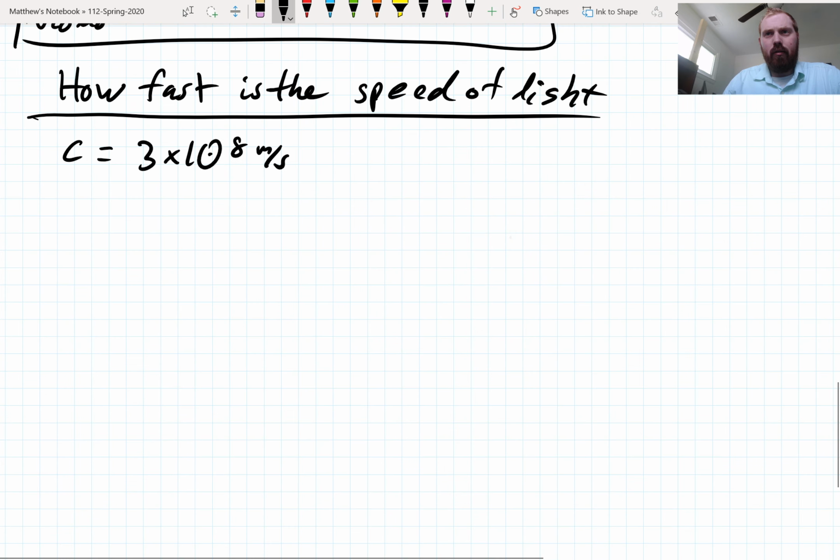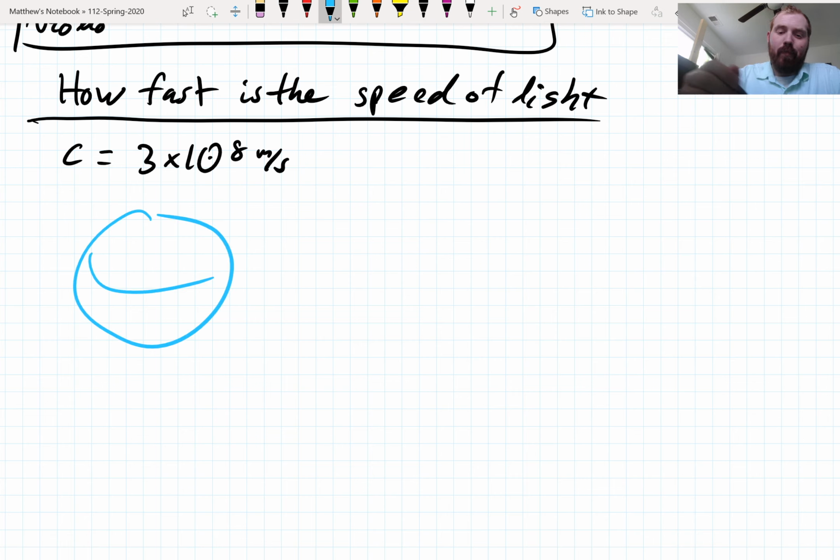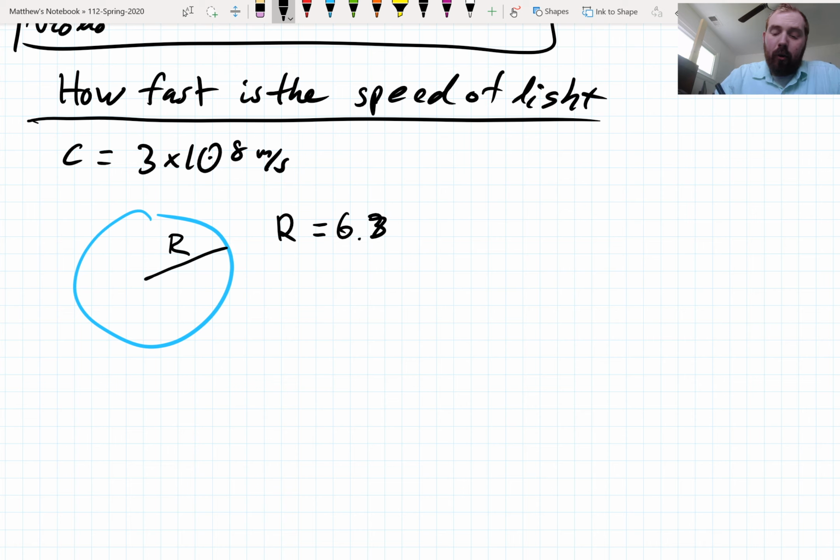All right. Now let's compare this with the circumference of the planets. So let's get ourselves a nice little globe. Earth. And there's the radius of Earth. I'll just tell you now, the radius of Earth in meters is 6.371 times 10 to the 6 meters.